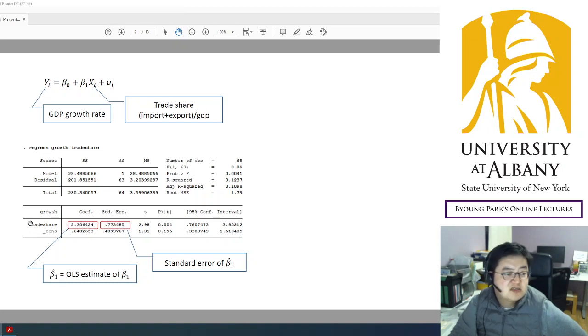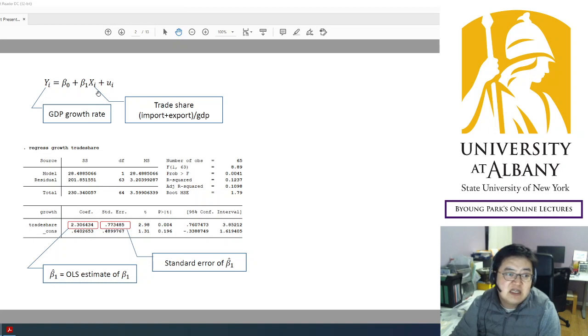And right above the intercept is the slope. As you see, trade share. This coefficient is the coefficient of the trade share variable, and it is estimated to be 2.306434, which is the OLS estimator for beta 1, right? The same OLS method is used again. This means if the trade share increases by 1 unit, then we expect the GDP growth rate to increase by 2.3 percentage points, right?